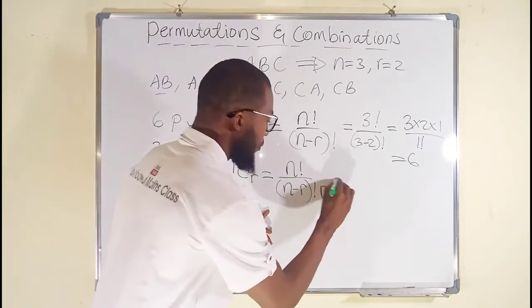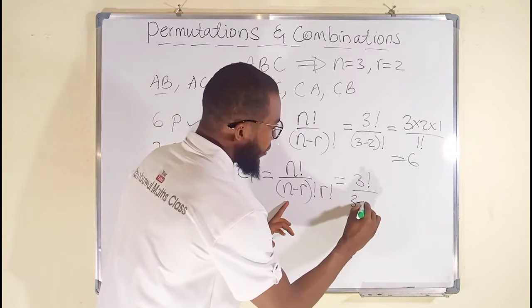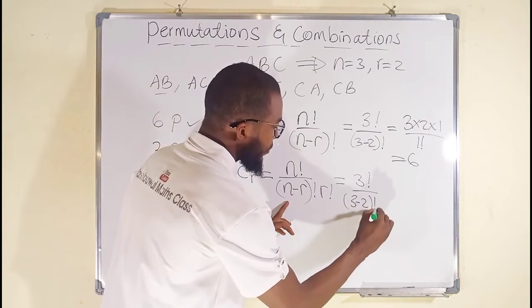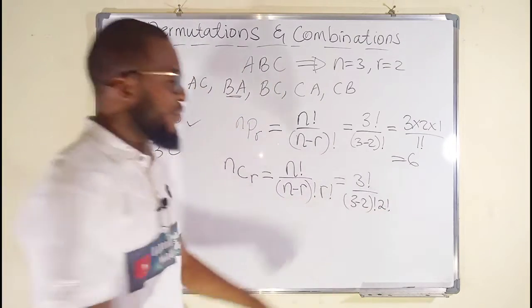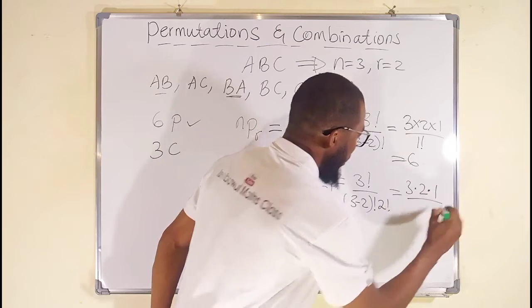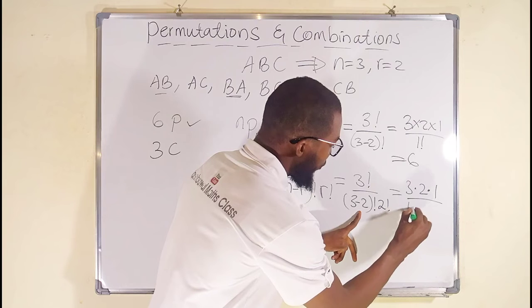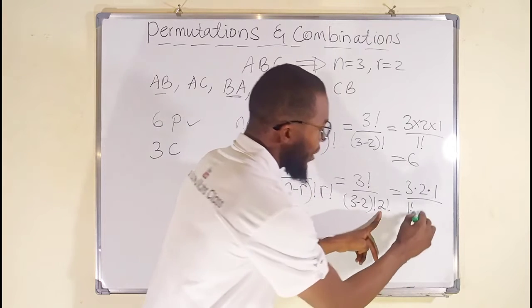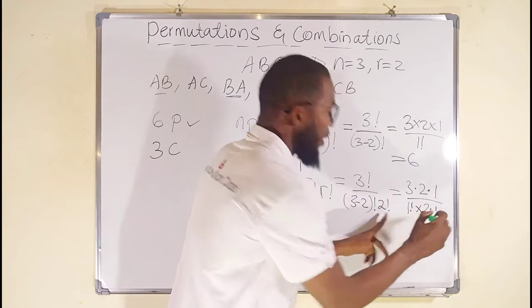Coming down here, we have 3 factorial divided by 3 minus 2 factorial, multiplied by 2 factorial. 3 factorial is 3 times 2 times 1, divided by 1 factorial, which is the same thing as 1. Then we have 2 factorial, which is 2 times 1.